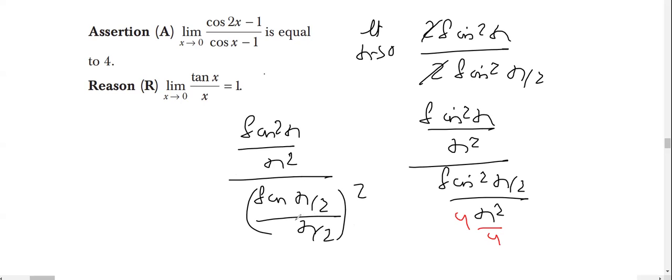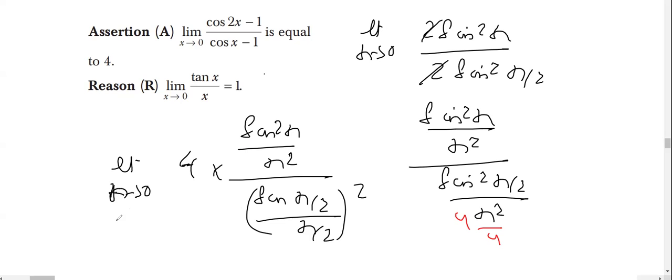And we have 1 by 4 here, so on transposing, this is 1 over 4, so I can write 4 over here, limit x tends to 0.